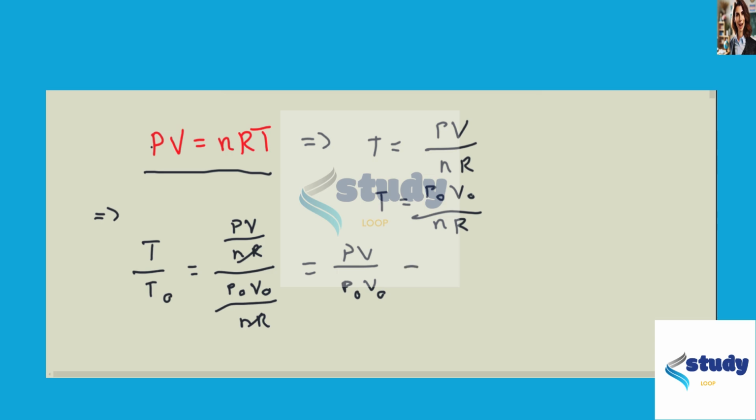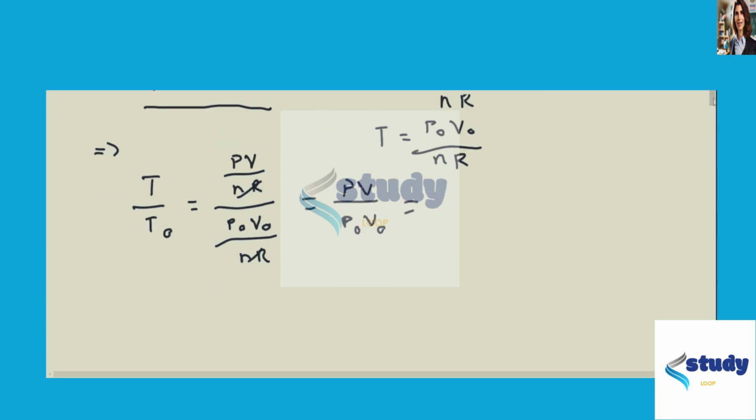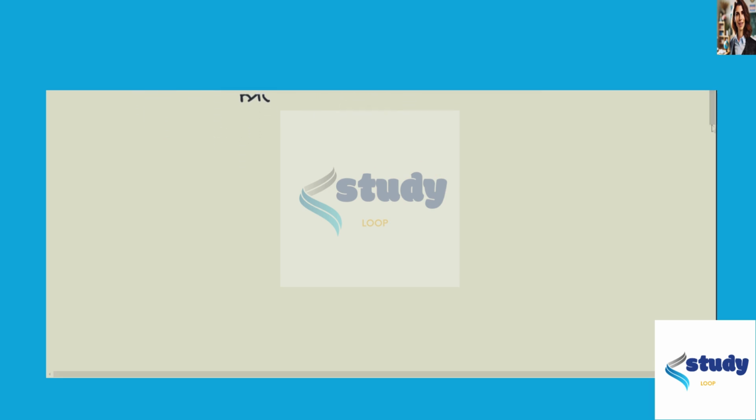Now we can also substitute directly here, but we will transform this once more. Since we need to find the relationship between the two temperatures, we'll say that T equals T0 times P times V over P0 times V0, and then substitute.